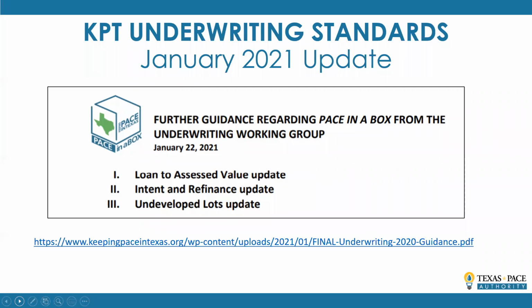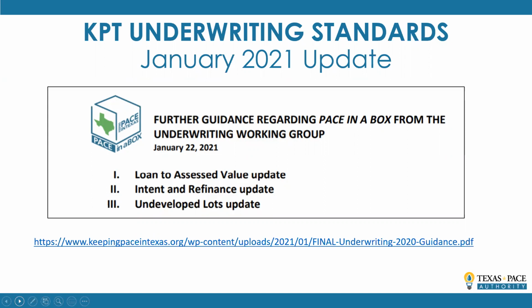The loan is a comparison to the appraised value of the property. The intent and refinance update means that in the case of a refinance or refunding, there has to be clear intent shown prior to the project to make it PACE eligible.